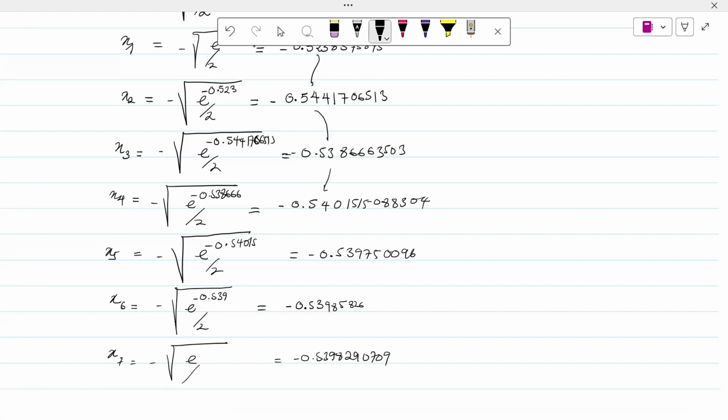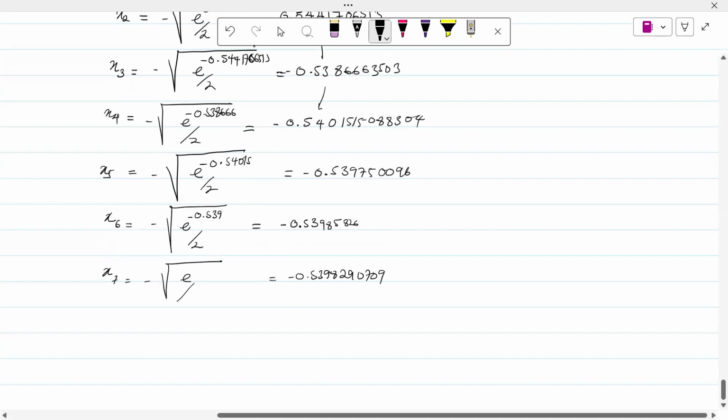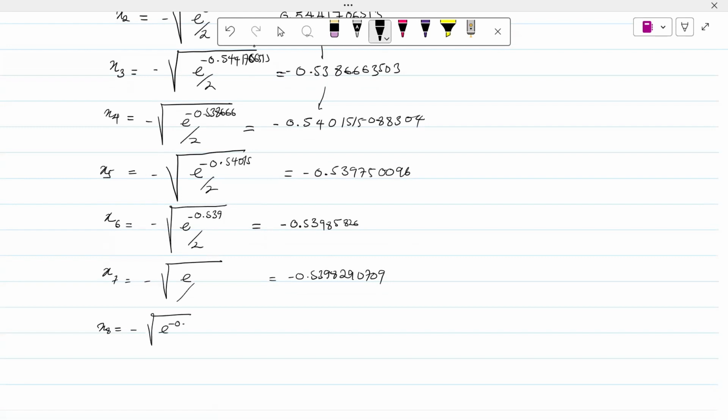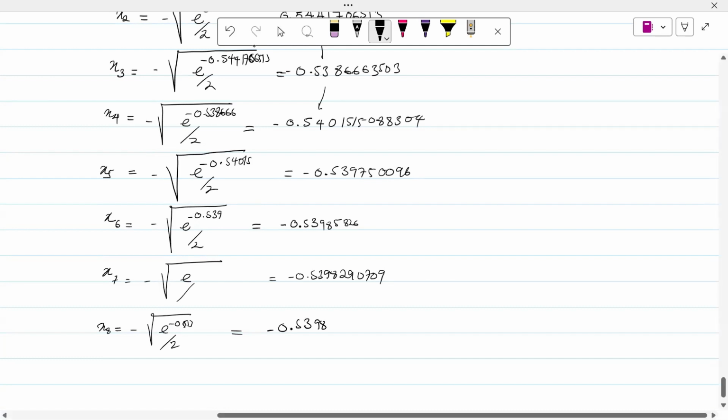So if you notice, now it has become stable, right? x8: e to the power negative 0.5398 over 2, 36952.